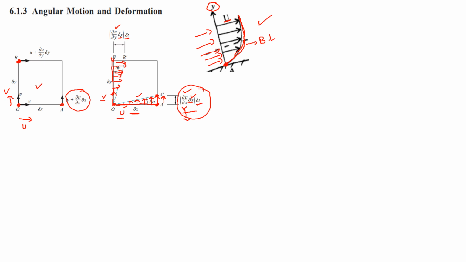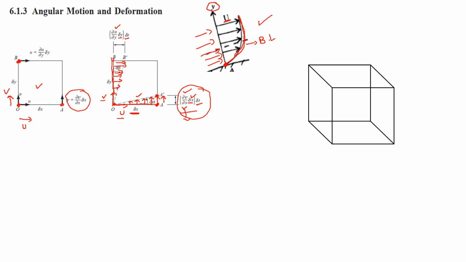Now let's write some terms, and before that let's look at the 3D representation of this motion. This is the original fluid element, and as it rotates to this new position, as you see in these dashed red lines, this is our OA dash, and this is our OB and OB dash.